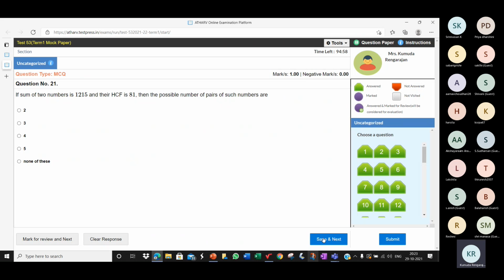What are the different ways in which we can get the sum as 15? 1 and 14, 2 and 13, 3 and 12. Write out the different pairs, children, where you get sum 15.